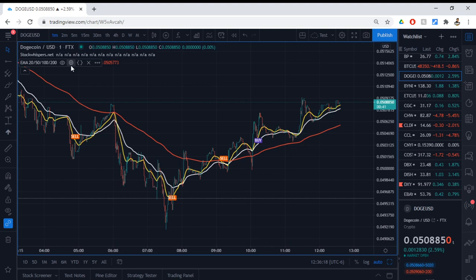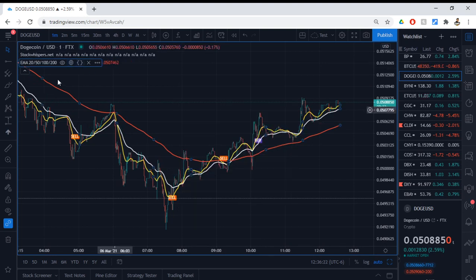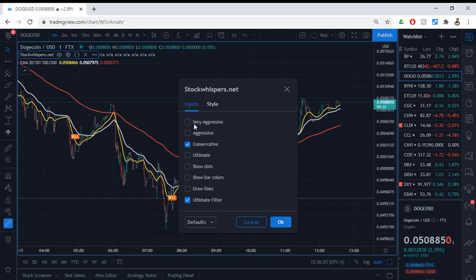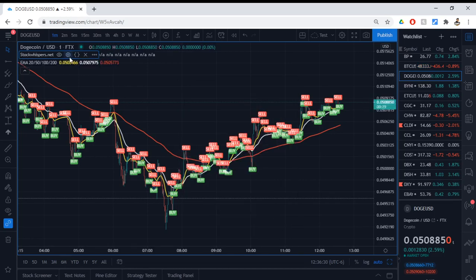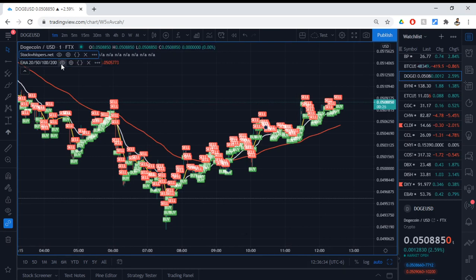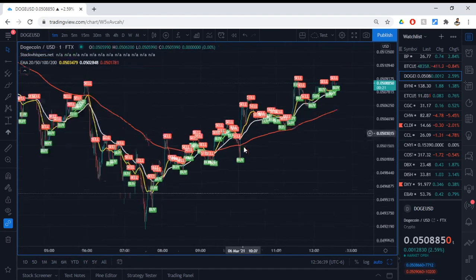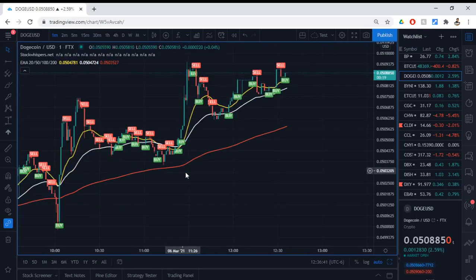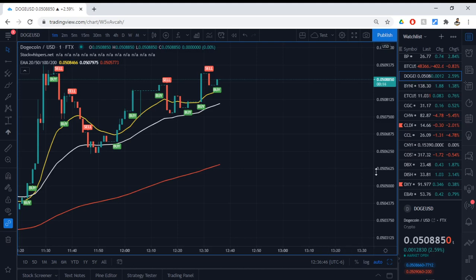So if you use any of these strategies, okay, what you're looking for is this scenario here.